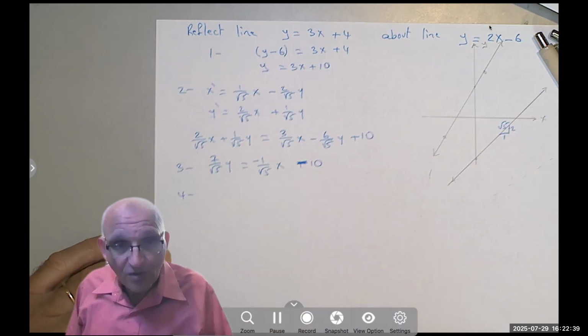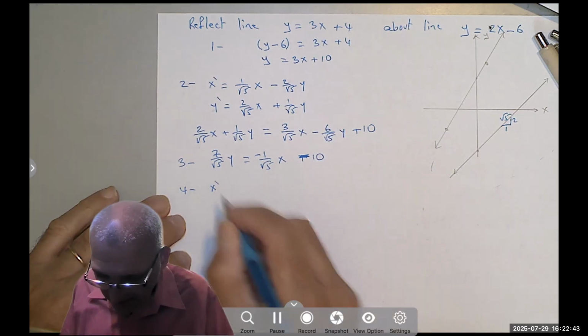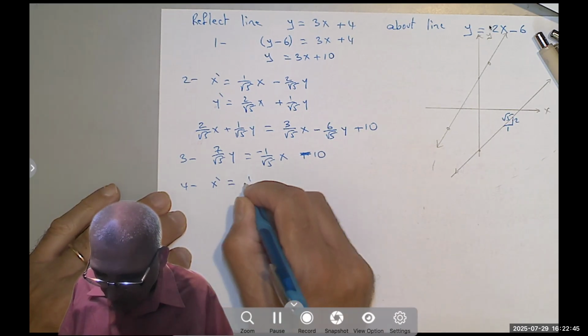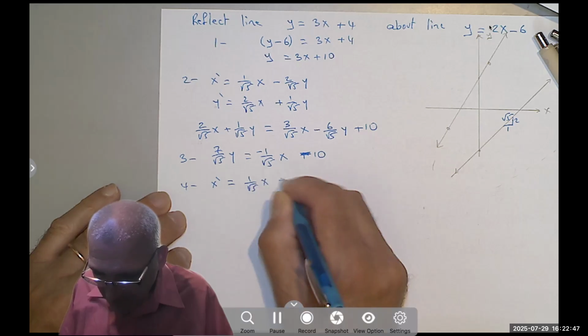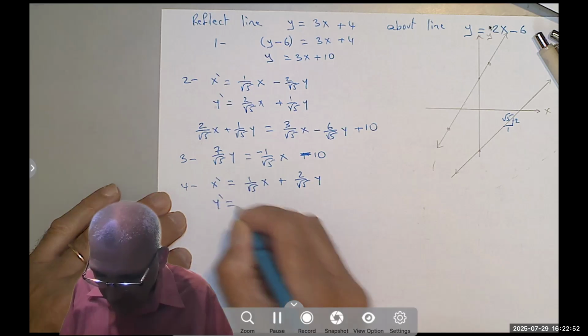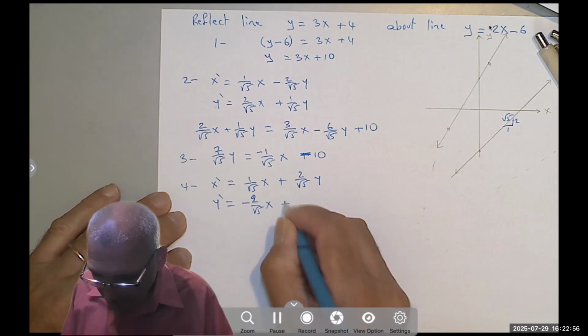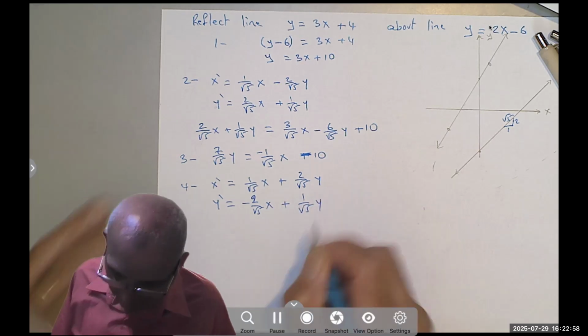Step number 4, you are going to apply the opposite thing. So you say x prime equals 1 over root 5x plus 2 over root 5y. And the y prime becomes negative 2 over root 5x plus 1 over root 5y.